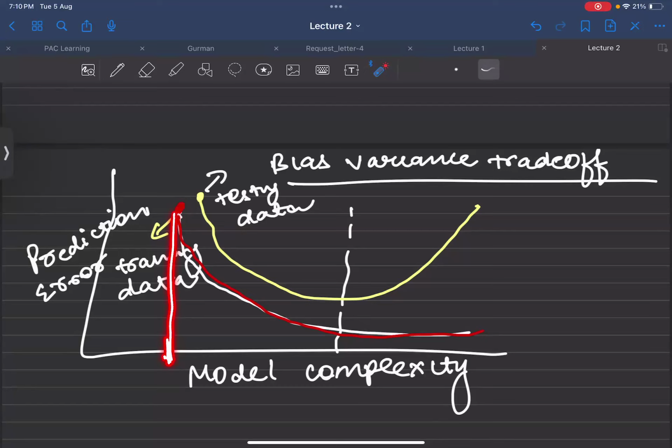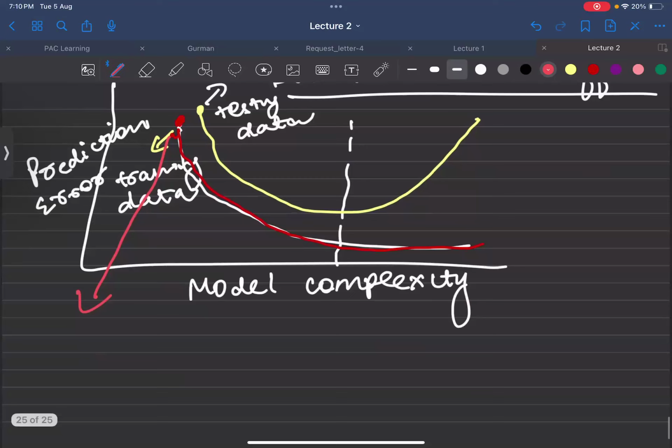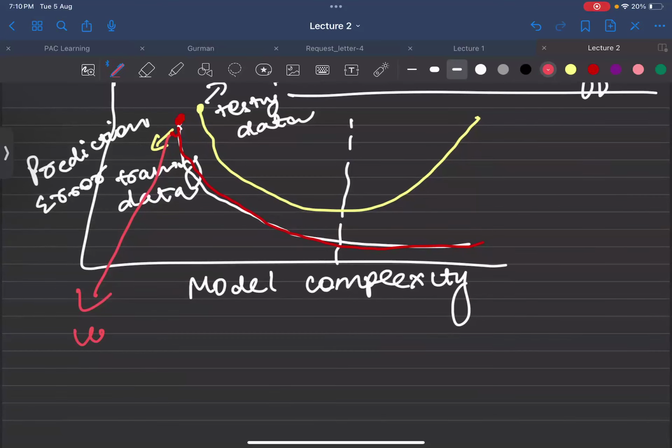If features are less, ma'am, underfitting? It is underfitting, exactly. I'll come to bias and variance, don't worry. So when I'm having a less complex model in the training data and my prediction error is more, this case is basically underfitting.